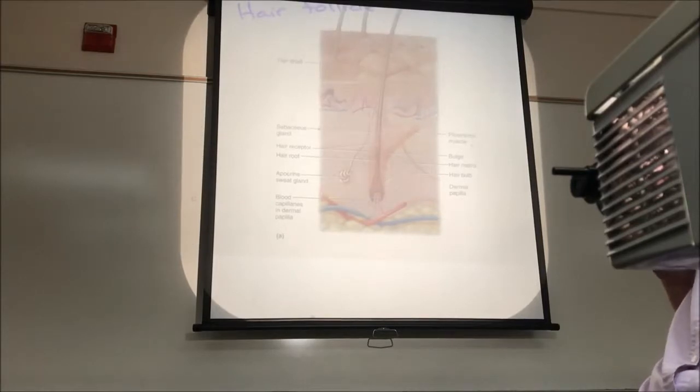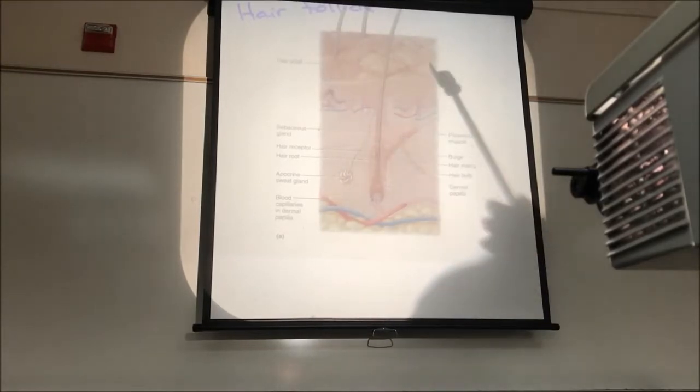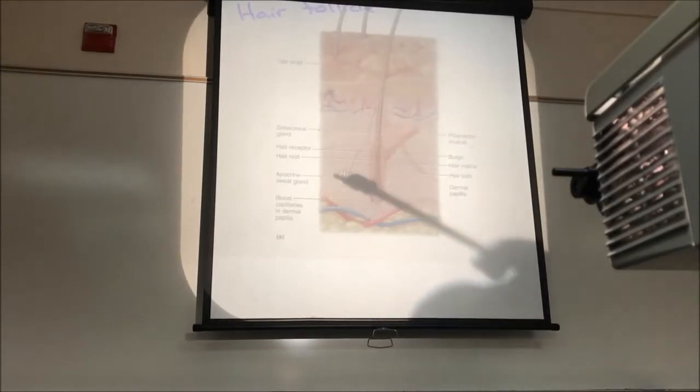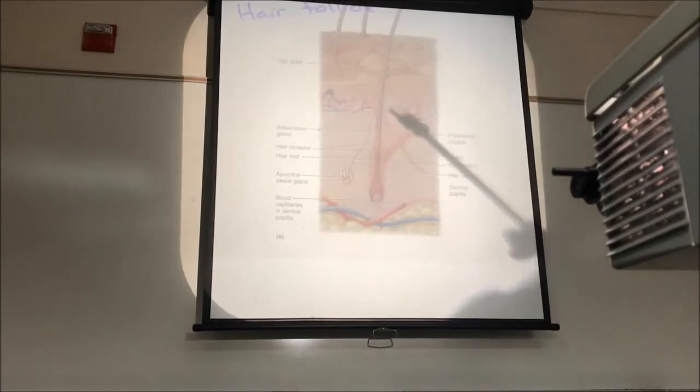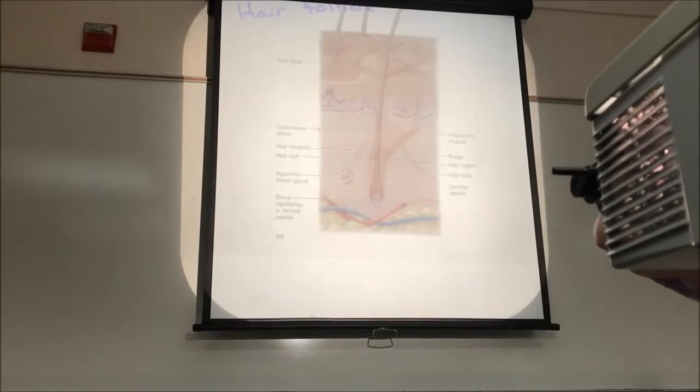It actually shows up better on the screen than it does by itself, right? So here's the epidermis, here's the dermis, here's the blood vessels, and this structure here is the hair follicle.